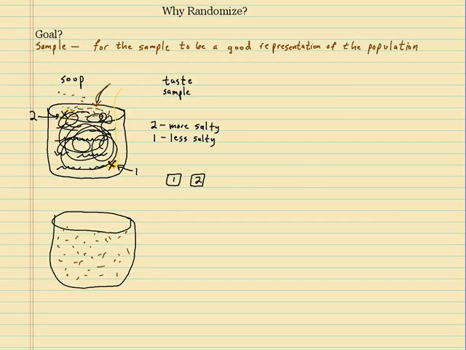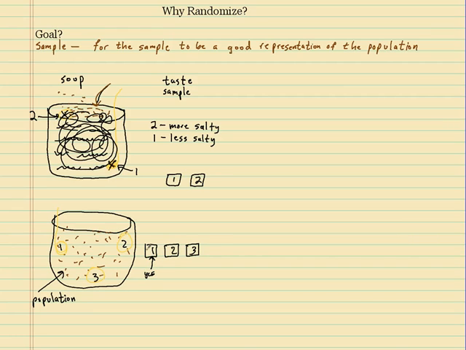So now no matter where I go and take my sample, whether it's here, here, or here, I'll call these sample 1, sample 2, and sample 3. Remember, the whole pot is the population. And you have to ask yourself, does this sample look like the population?